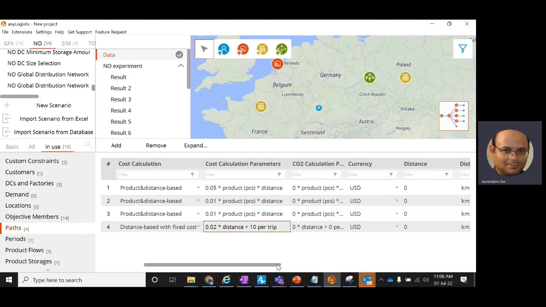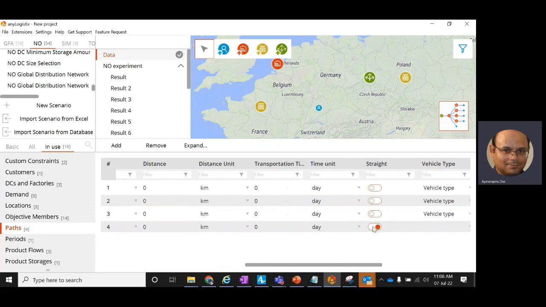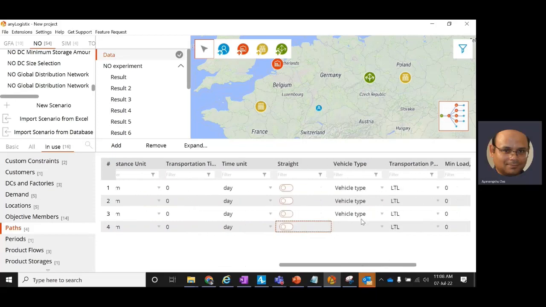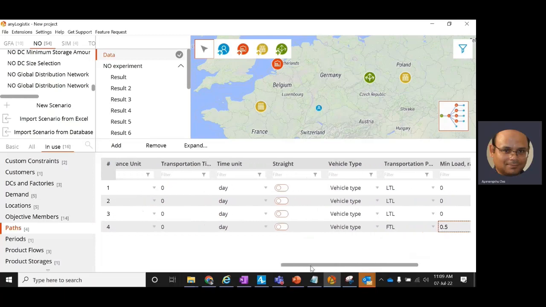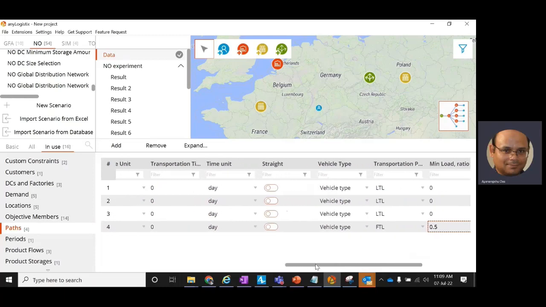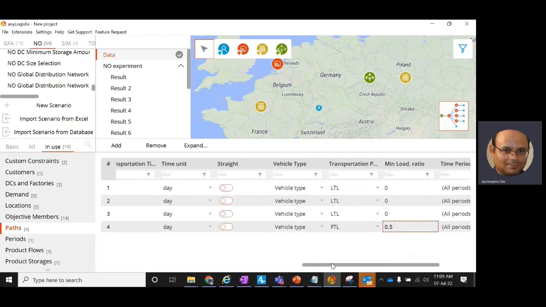And what we are saying is that we will consider the shipment as an FTL if the load is greater than 50% of the entire volume, because ideally all FTL shipments are cheaper than LTL shipments.